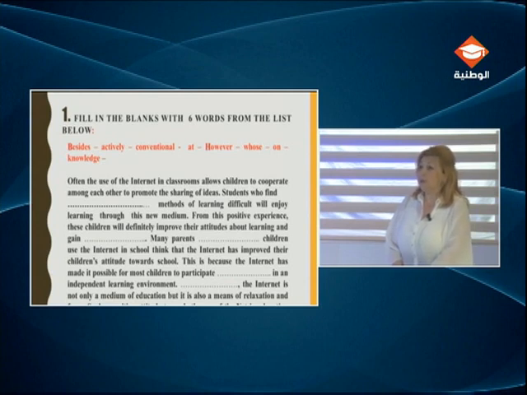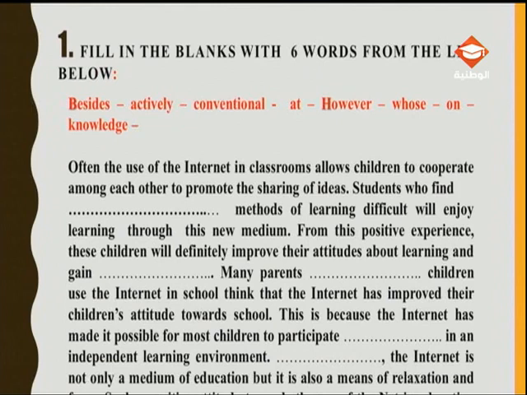Often, the use of the internet in classrooms allows children to cooperate among each other to promote the sharing of ideas. Students who find methods of learning difficult, so blank, will enjoy learning through this new medium. From this positive experience, these children will definitely improve their attitudes about learning and gain blank.